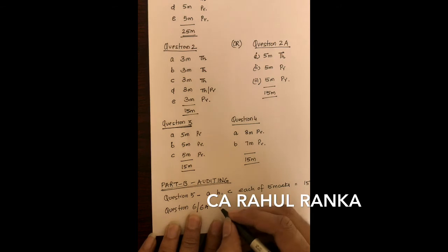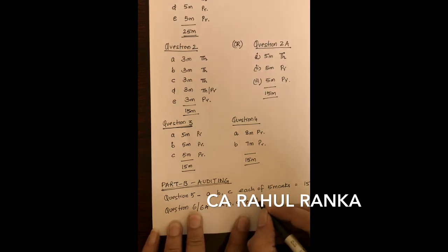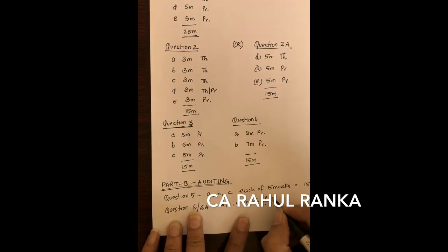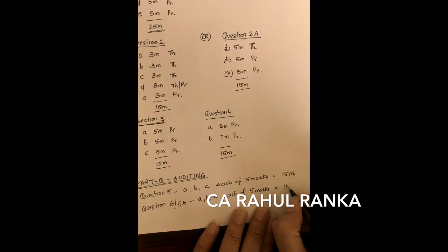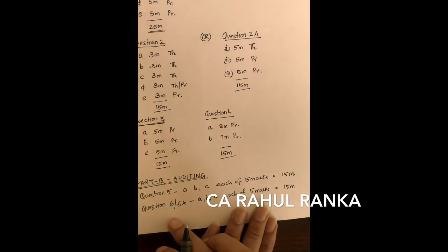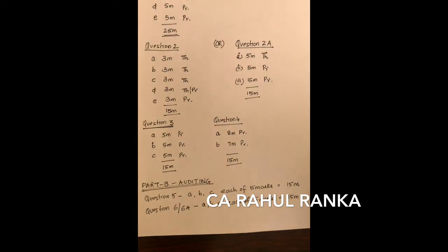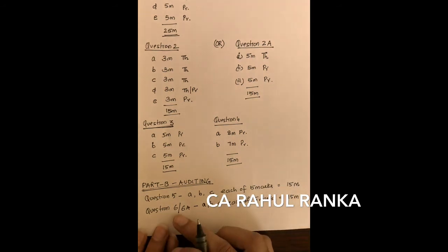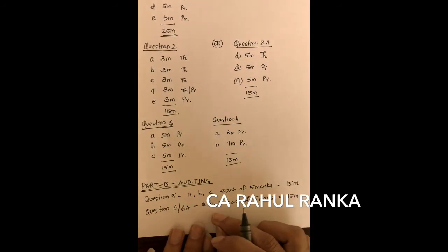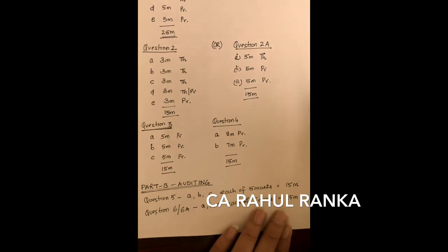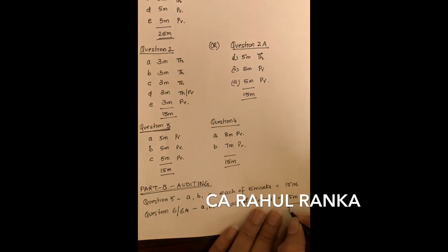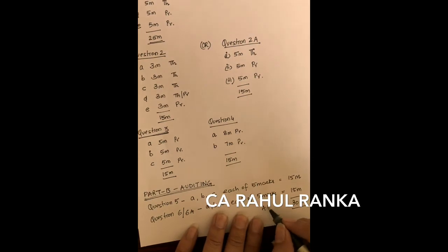In either of these questions, you will have A, B and C, 3 parts, each giving you 5 marks, totaling 15. In terms of format, both are the same. So auditing in all will give you 30 marks. That's your audit.